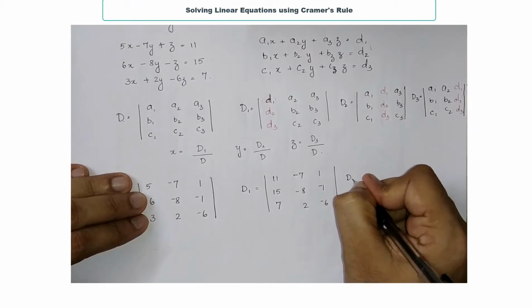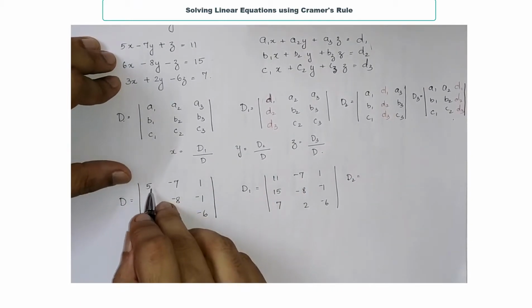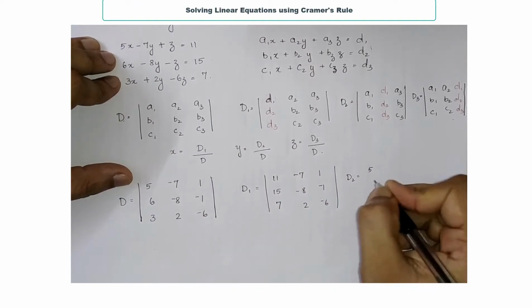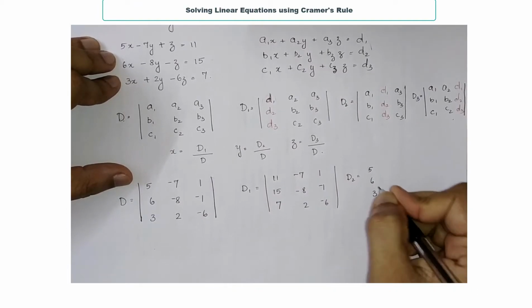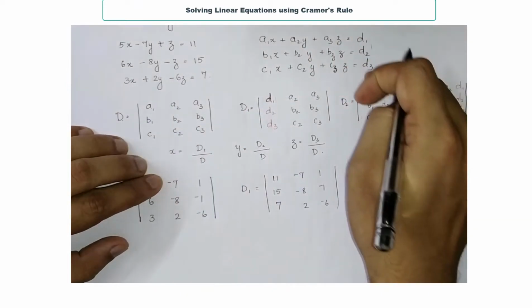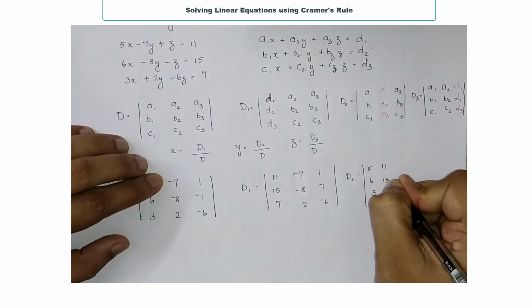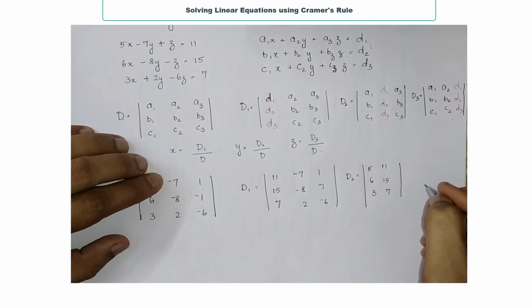What is D2? D2 is equal to, you copy the first column, 5, 6, 3. The second column will be replaced by d1, d2, d3, that is 11, 15, 7.